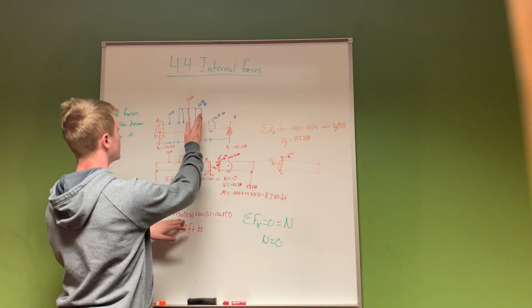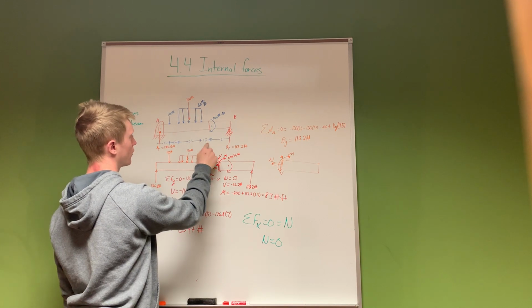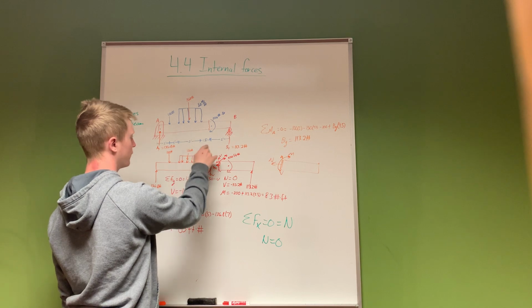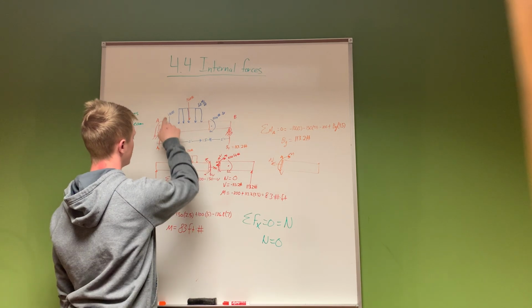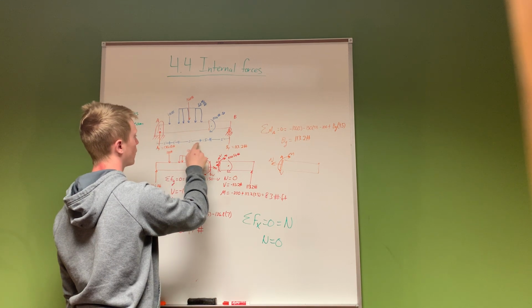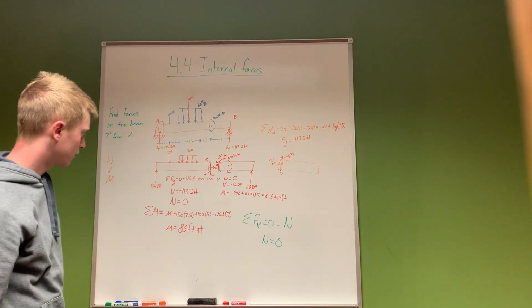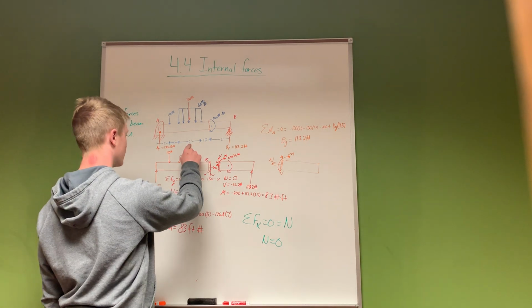So we got our 150 acting at 2.5 from this, because this is 1 over, and then 1 plus 1.5 is 2.5. Our 100 acting at 2.5, and another 2. Let's see. That's acting at 5. Yeah, 1, 2, 3, 4, 5.